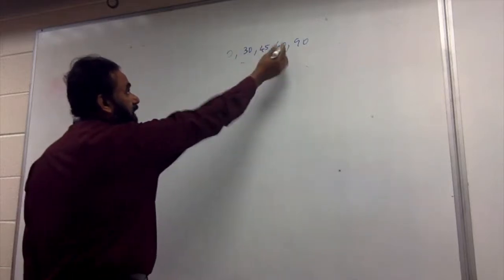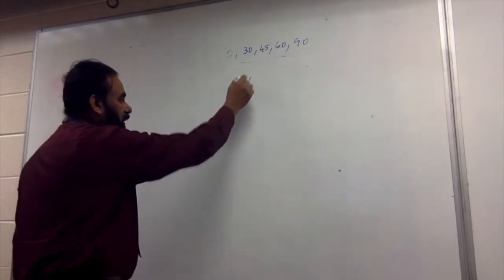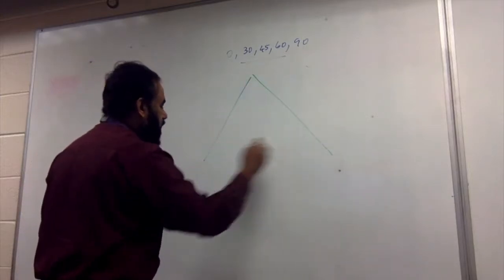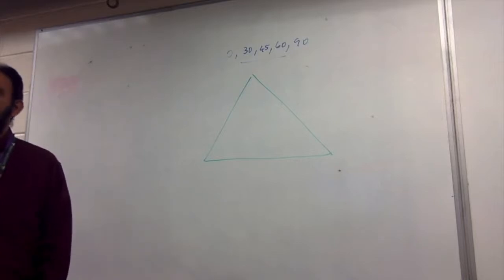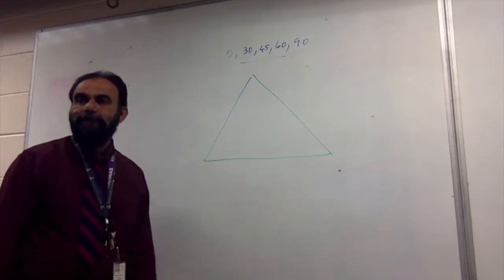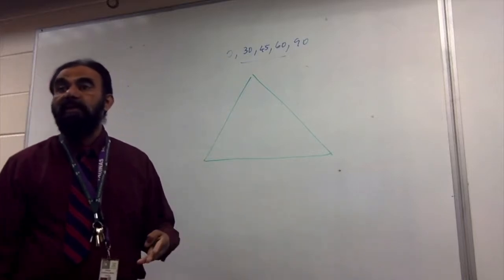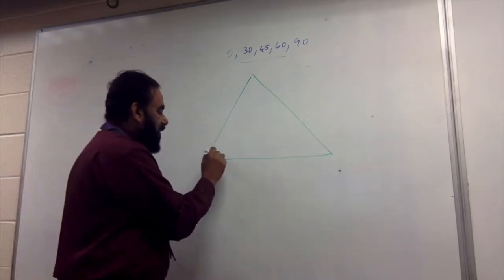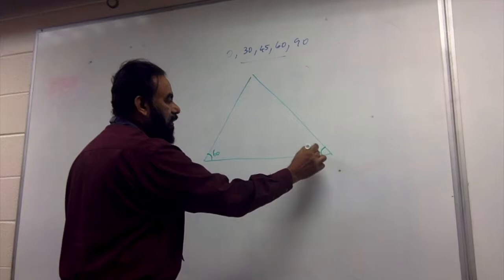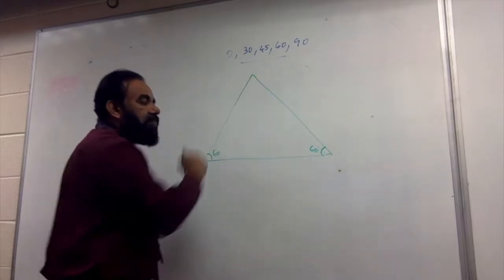For the 30 and 60, you draw an equilateral triangle. What is an equilateral triangle? All sides are equal and all angles are 60s. So this angle is 60, 60, and 60.